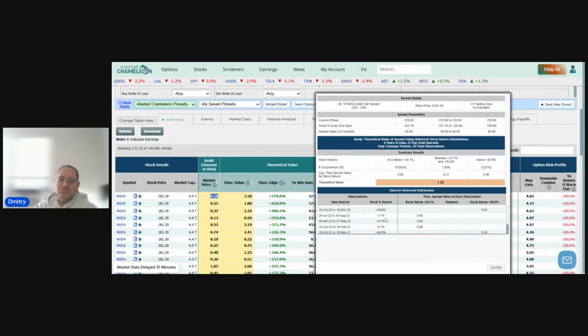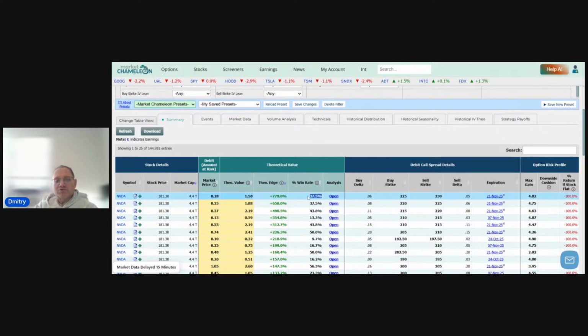You could see here, some of them had really big gains. So that's why this average is higher. And 37.5% of the time, it did move by a big enough percentage move to make this spread at 18 cents profitable.